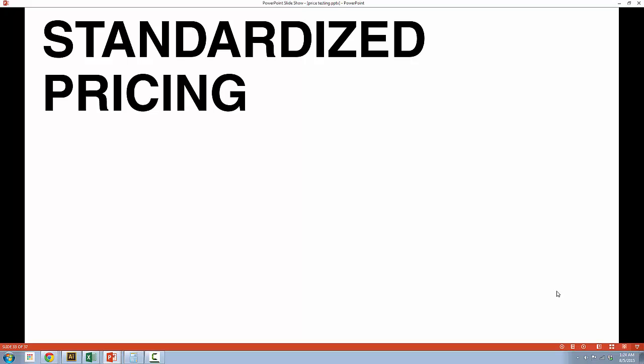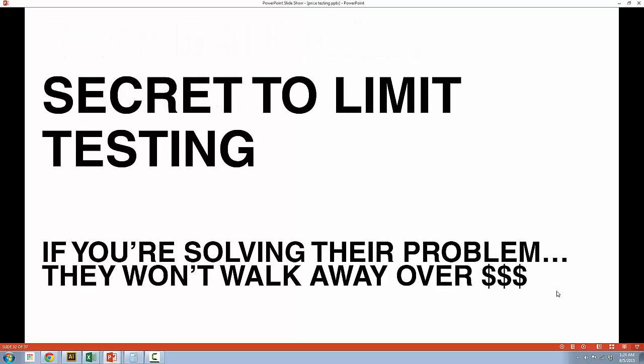All right, so that is the overview of standardized pricing and customized pricing. One other thing I want to mention is that if you do these processes for customized pricing enough, you may end up finding a very common price point.